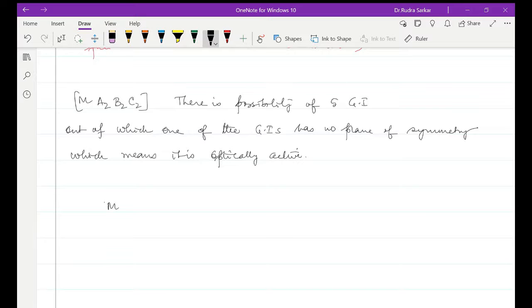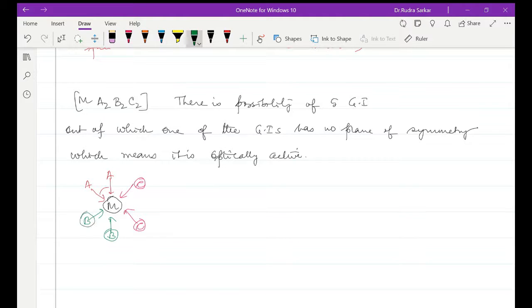Suppose you have the M. All you got to remember is that you got to place A at 92A, B at 92B, and say suppose C, the donor atom C at 92C.